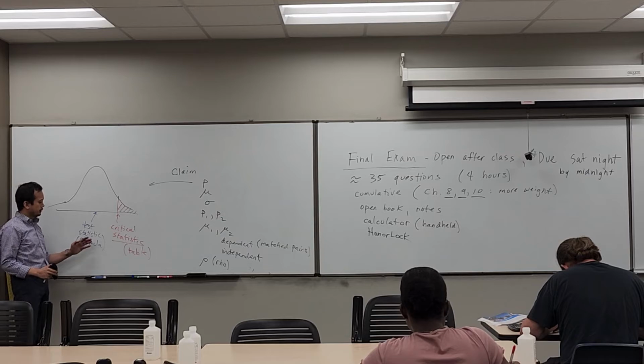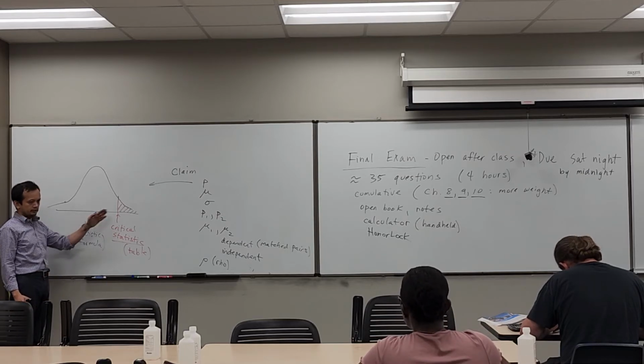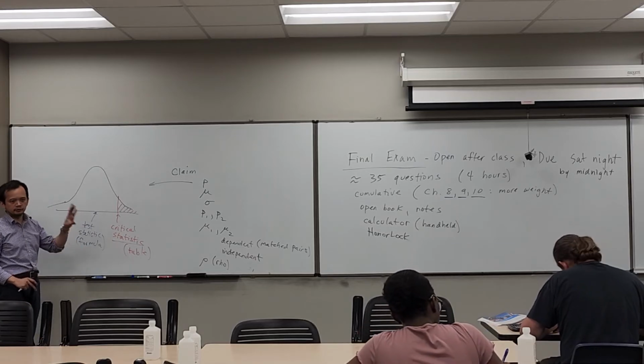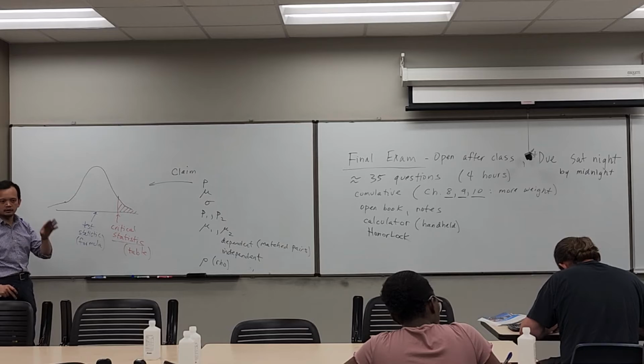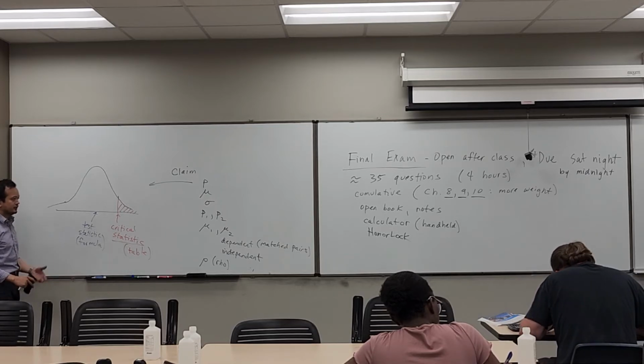And then you just compare the test statistic to the critical statistic to decide whether the observation is in the body or the tail. If it's in the body, you reach one set of conclusions, fail to reject H0. If it's in the tail, you reach another set of conclusions, reject H0. And basically, that's all the hypothesis test does.